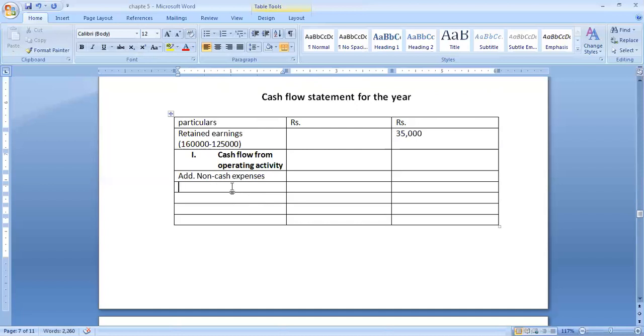Don't get confused here. In order to make the differences, in the case of the adjusted profit and loss account, whatever the debit balances will be taken here as non-cash expenses. Fine. And take all the information into consideration.